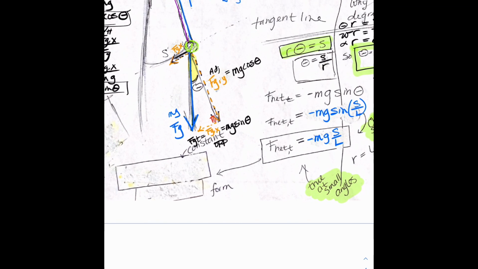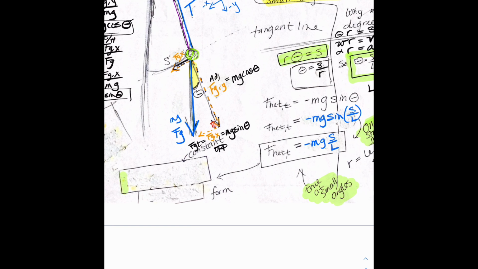We'll write F net tangential is equal to, I'm just going to rearrange it slightly, still negative mg, and I'm just going to bring the L in right here and leave S outside.